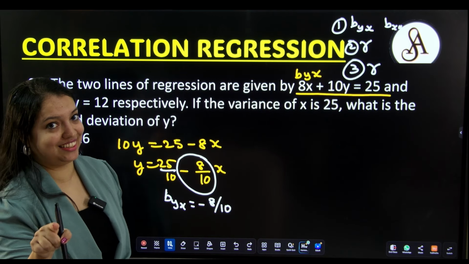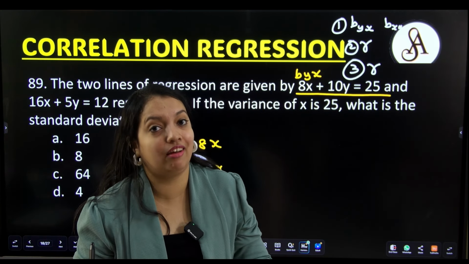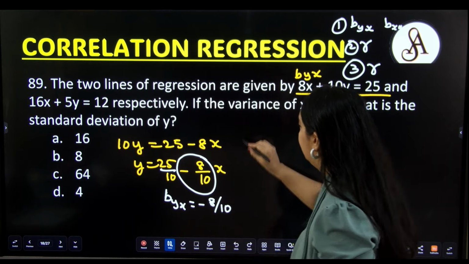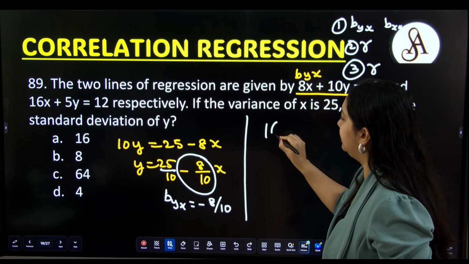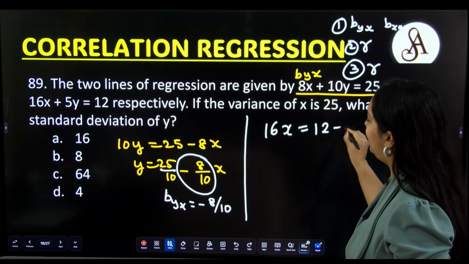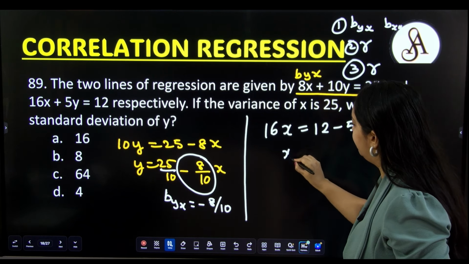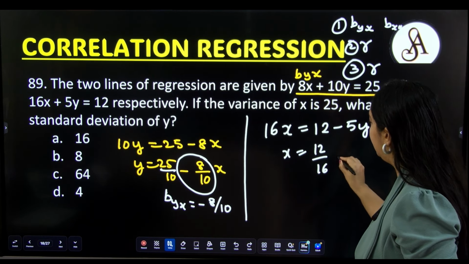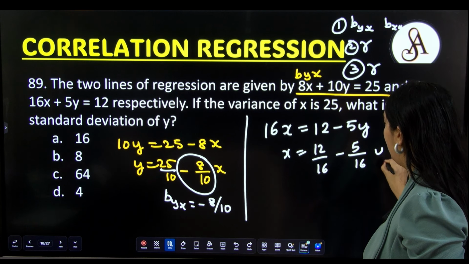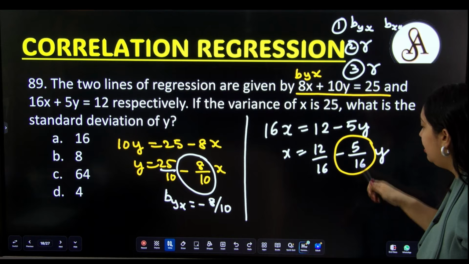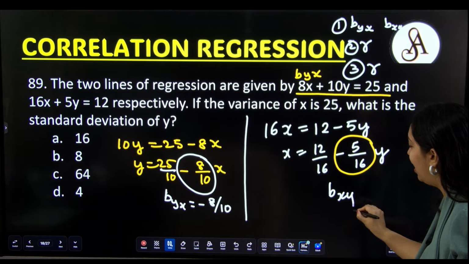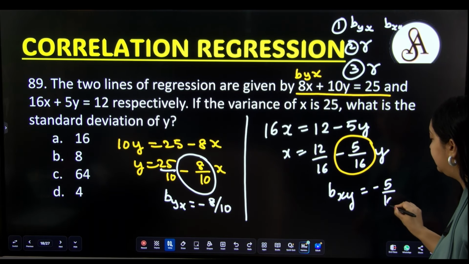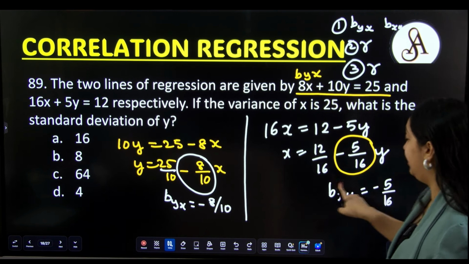Remember, if byx is negative, bxy will be negative, and r will be negative. Second equation, 16x is equal to 12 minus 5y. Its value is 12 by 16 minus 5 by 16 y. What is there here is known as the bxy value, which is minus 5 by 16. Did I get the same sign, minus and minus? Yes, ma'am.